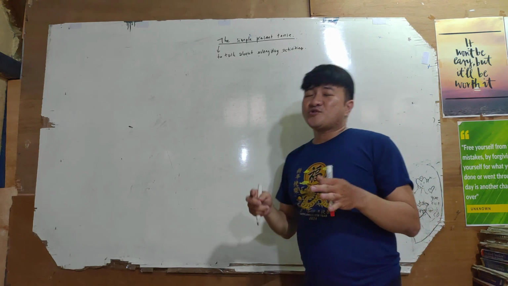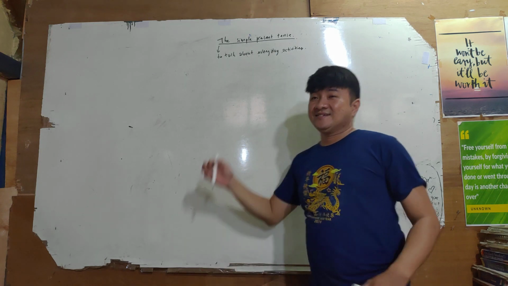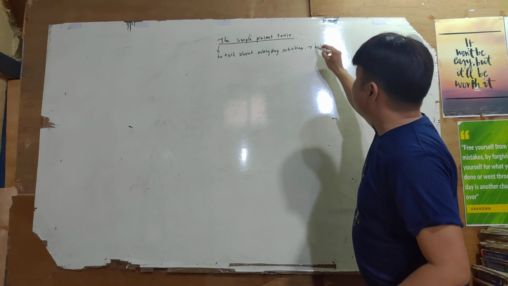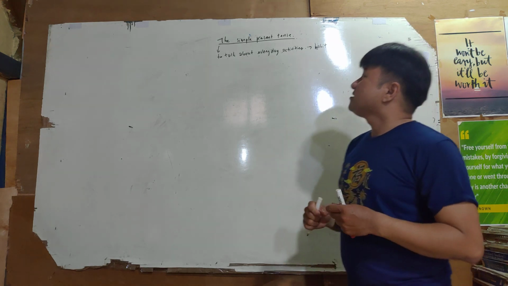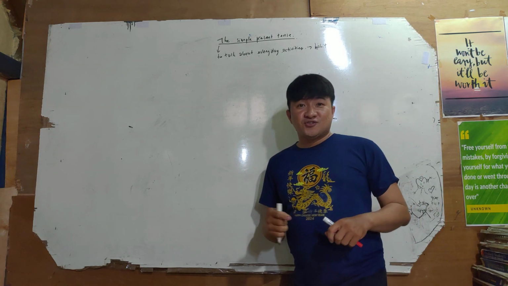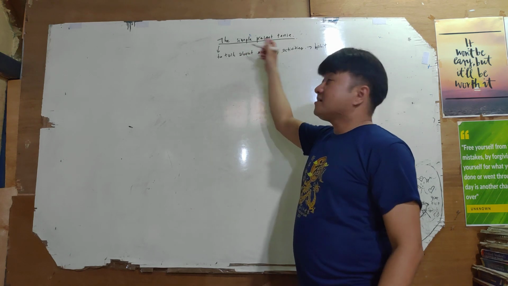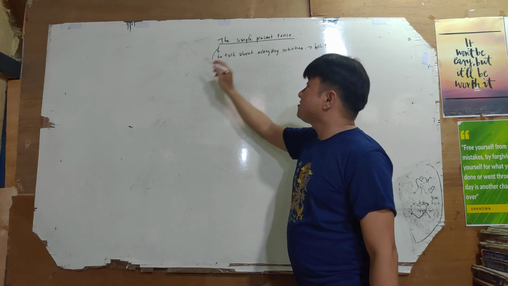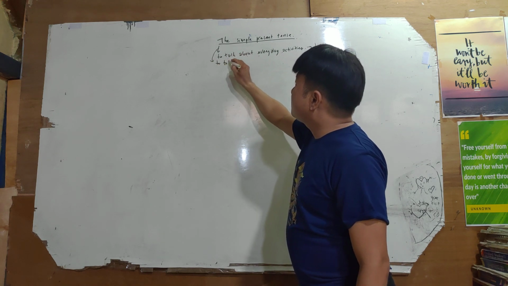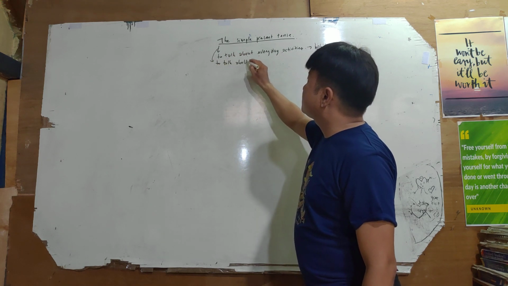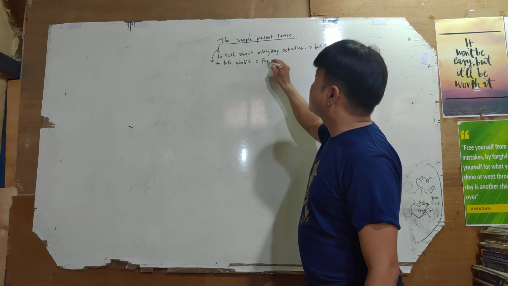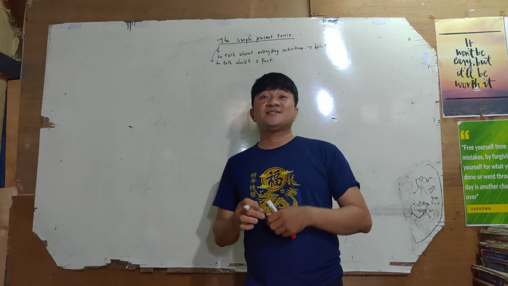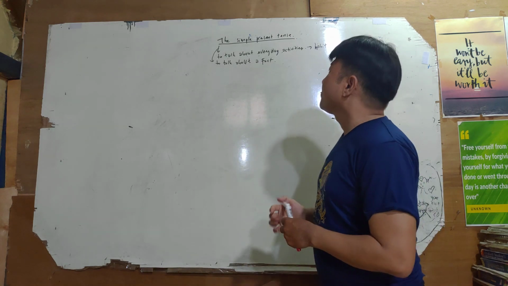So it's more or less like our habit. So it's like a habit. Okay. And then another function of the simple present tense, it can also be used to talk about a fact. Okay. To talk about fact. For example, the earth goes around the sun, okay, something like that.